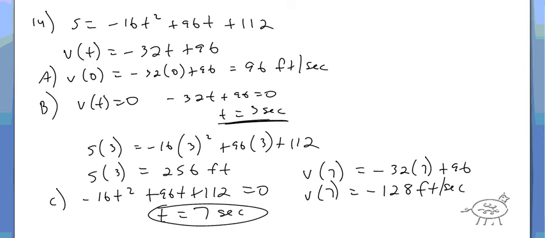Okay, last one is number 16. And it says, designing a can. What are the dimensions of the lightest open top right circular cylindrical can? That's a mouthful. That will hold a volume of 1,000 cubic centimeters.